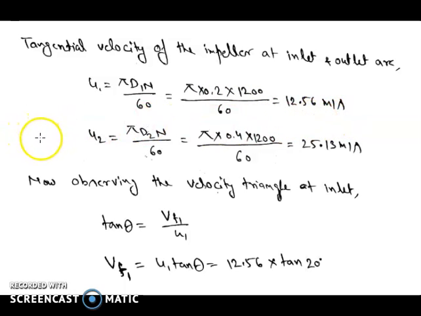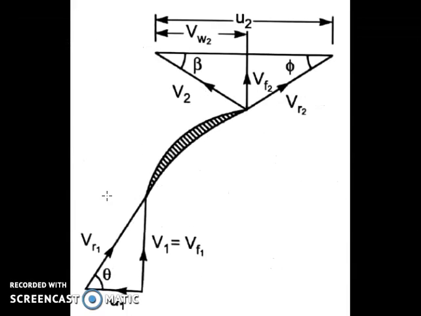Similarly, tangential velocity of the impeller at outlet can be calculated by using the formula U2 is equal to pi D2 N by 60, which is equal to pi into 0.4 into 1200 divided by 60. So U2 is equal to 25.13 meter per second.